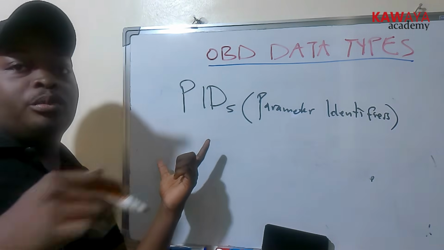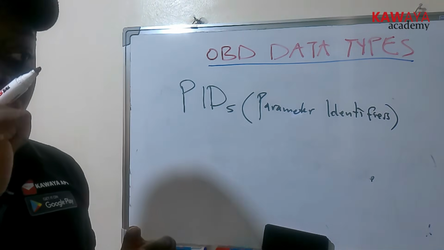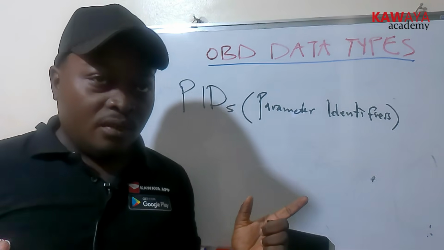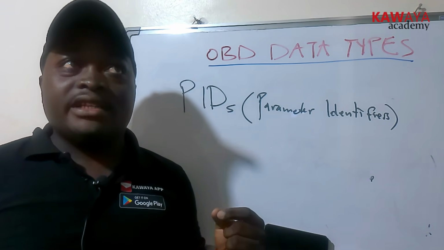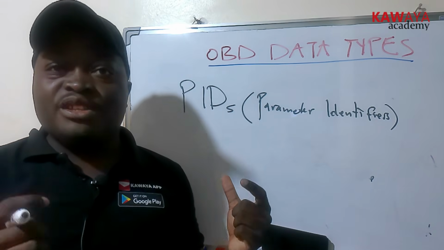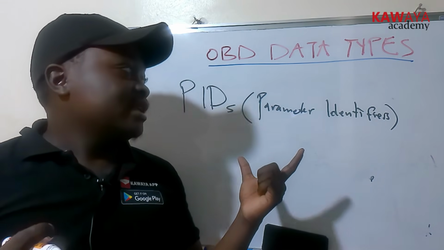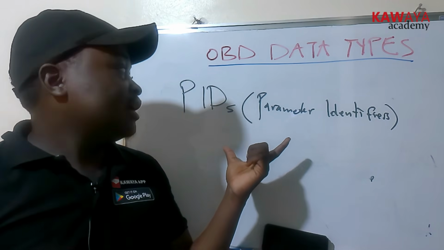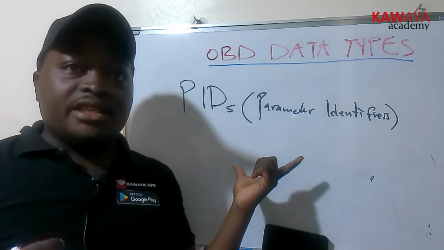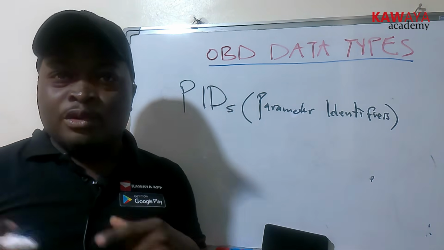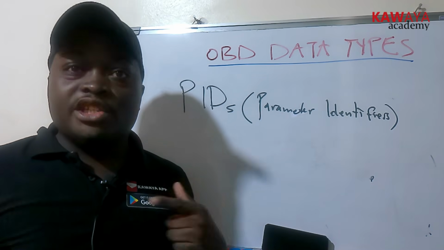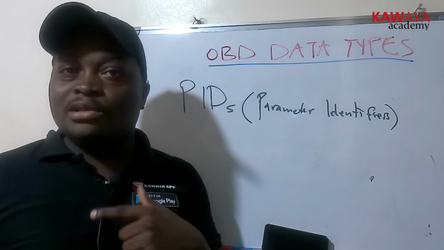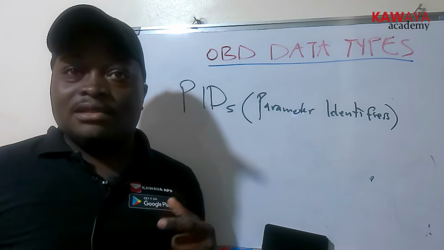Now PIDs and OBD codes are like the different specific data types that the engine generates, and usually these data types have readings. They have units of measure, you know, percentages, degrees Celsius, you know.